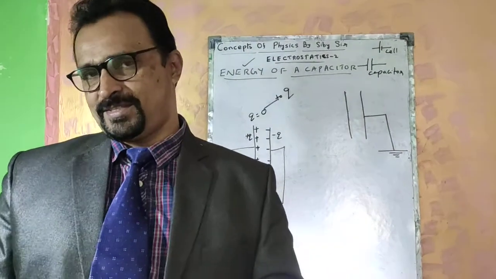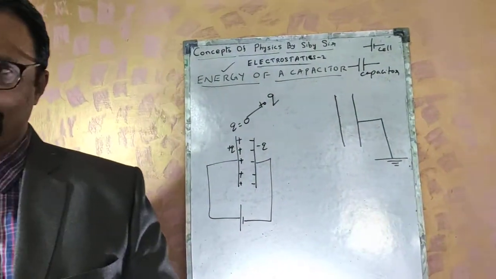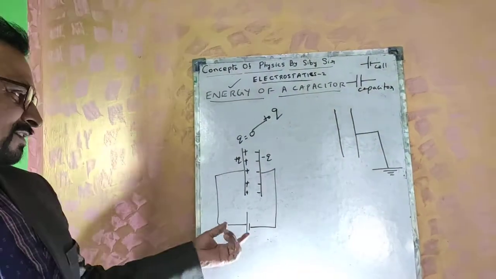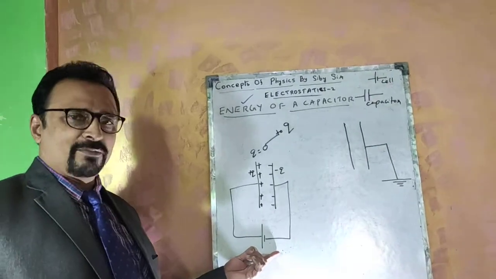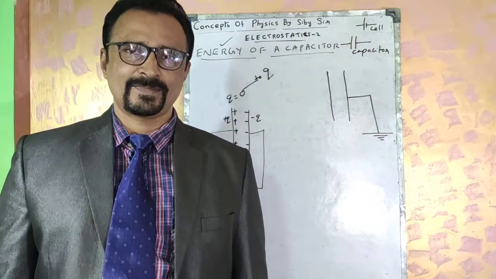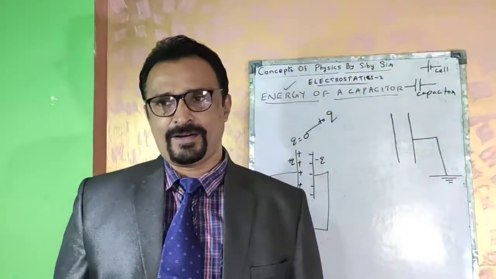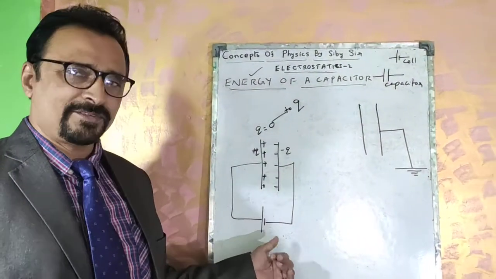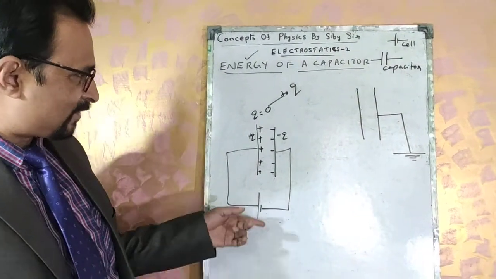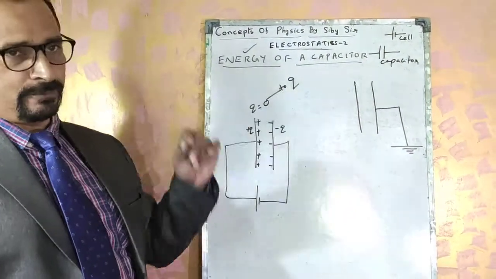That is a question. Who is doing work? The cell or battery connected to the capacitor. The work done by the cell or battery to increase the charge on the plates from 0 to Q.